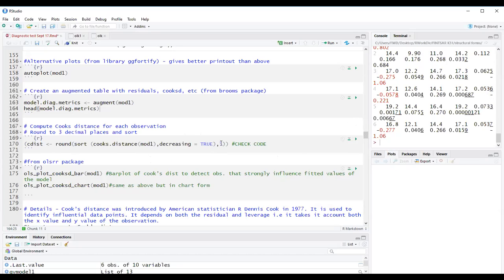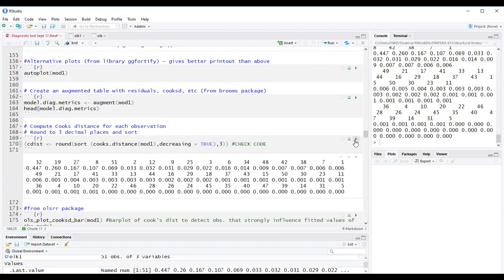And then 3 decimal places. Run this. Okay. So si 32, 19, 27. Sila yung mga highest in terms of Cook's distance. So consistent guys sa plot, kita natin si 32, even sa listing. So ito na yung Cook's distance ni 32, .447.